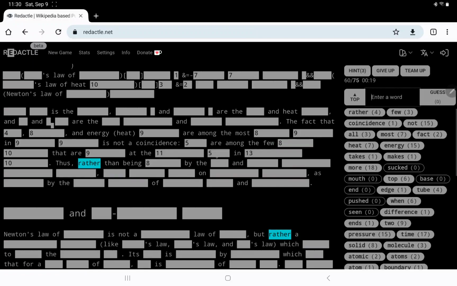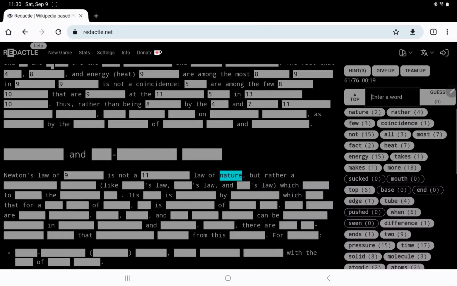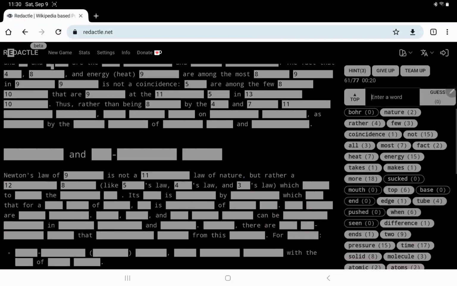Thus, rather than being 8 by the something, when I'm losing it, is not a law of, maybe nature, but rather a 12.8, like 5's law, 4's law, and 3's law. Did Bohr have a law? No. 5's law, whose law is that?